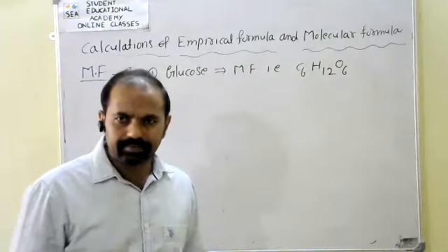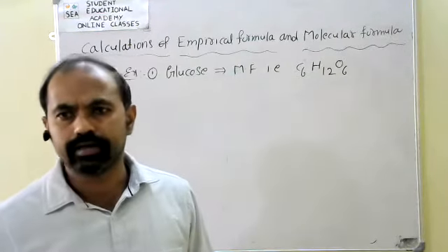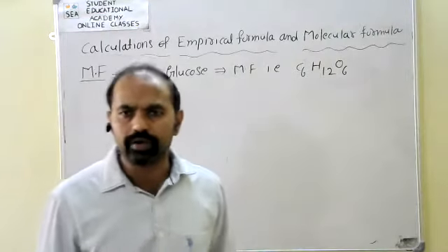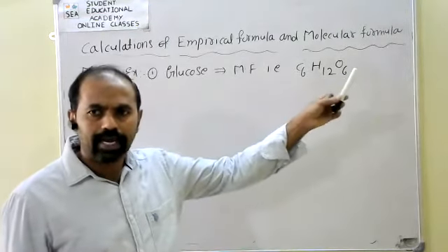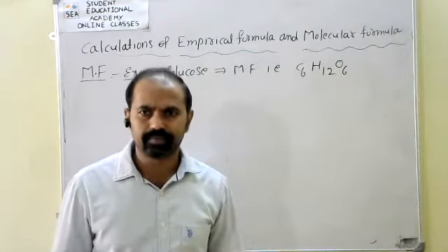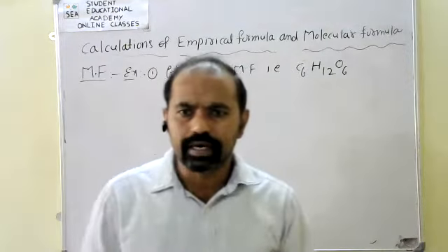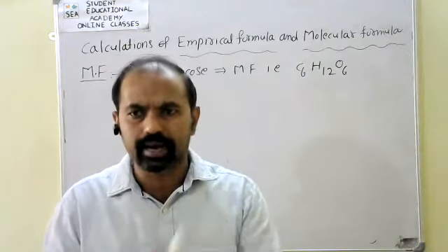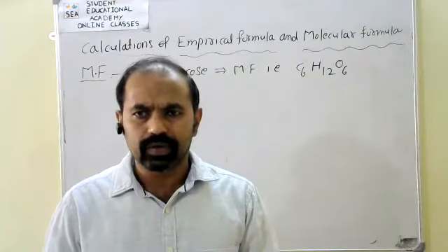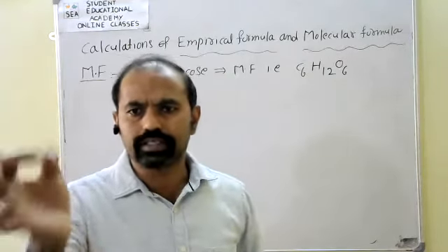Glucose contains 6 carbon atoms, 12 hydrogen atoms, and 6 oxygen atoms.